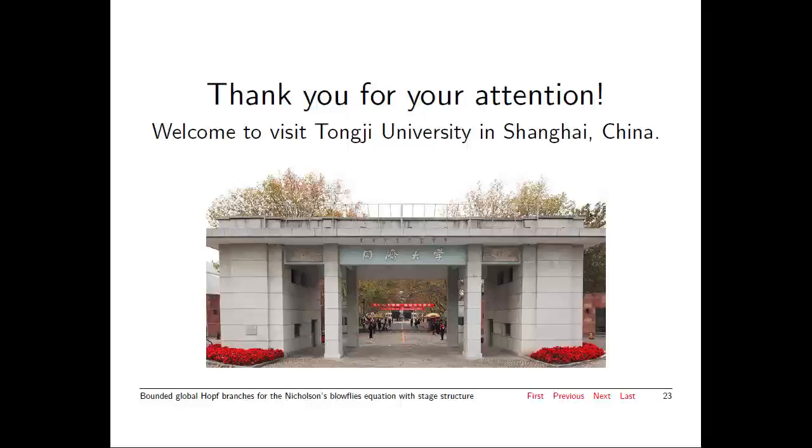In China we always have a main entrance, but here you cannot find one. Everywhere is the entrance. How many students? About 50,000 students. Wow. Okay, thank you.